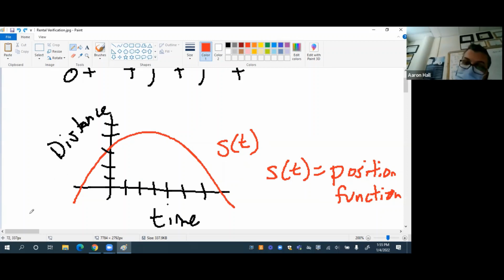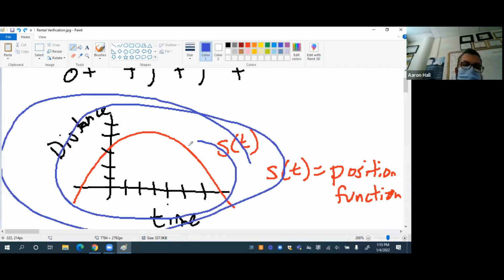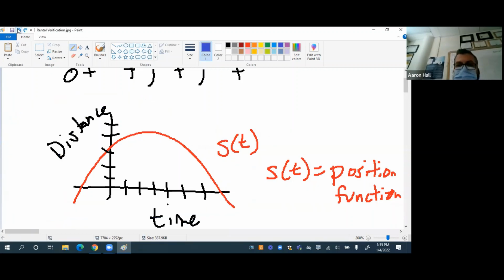Now, how would I take the derivative graphically of this? What do I do to take the derivative graphically of this function? Right, so it looks like I have an instantaneous rate of change right here of 0.